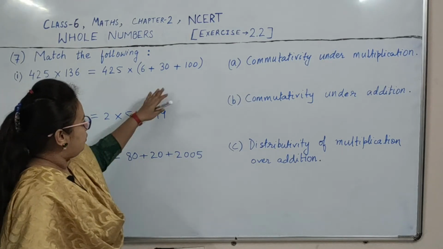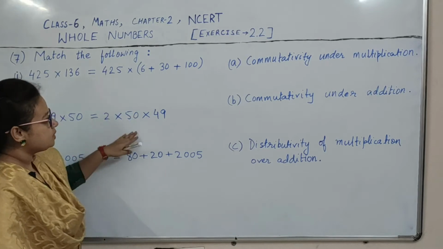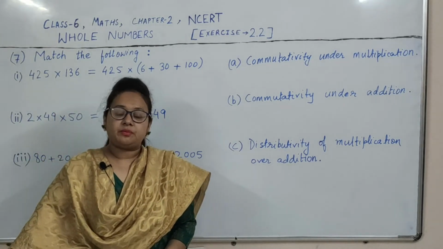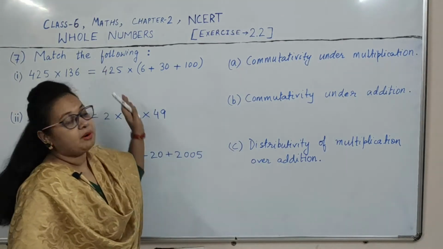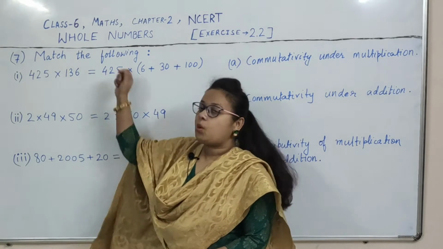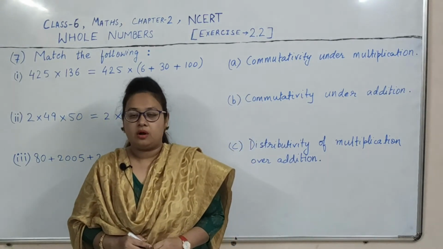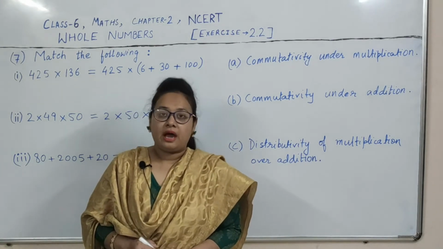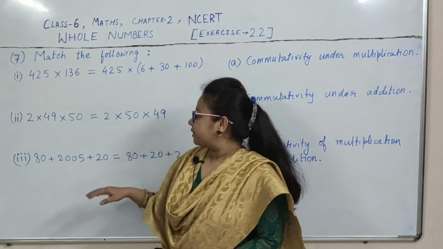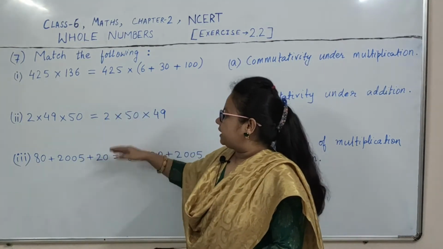Okay. So how are these calculations done? By using the properties of whole numbers. All the properties and everything about whole numbers we have learned in the introduction part of this chapter, Whole Numbers. So if you wish to thoroughly learn those properties and concepts of whole numbers, you have to watch the introduction video of whole numbers. Now let us see which properties are used in which calculations.